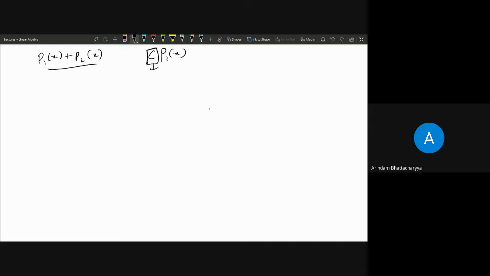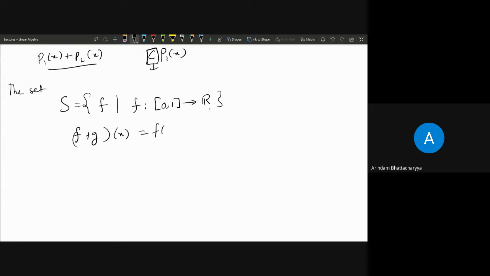Another example, let's say the set S, which is the space of all functions from, anything works, but okay, 0, 1 to R. Given two functions, we can define their addition.